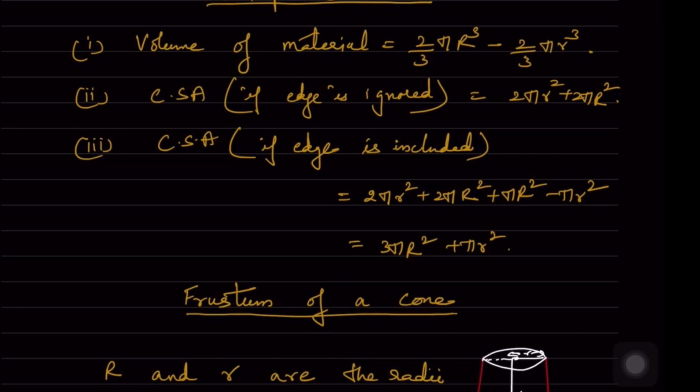So CSA, if edge is ignored, is equal to 2 pi capital R square plus 2 pi small r square. If edge is included, then you have 2 pi capital R square plus 2 pi small r square plus pi capital R square minus pi small r square. The edge includes that outermost ring part, that we also write. So it's equal to 3 pi capital R square plus pi small r square.